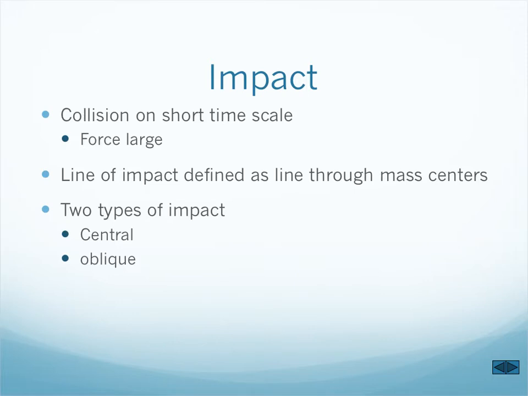We like to define the line of impact as a line that goes through the mass centers of the objects that are interacting, and it is assumed that the forces are acting along that line. In these situations, we can have two types of impact, a central impact and an oblique impact.